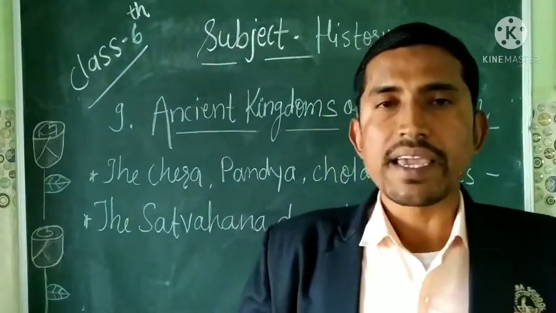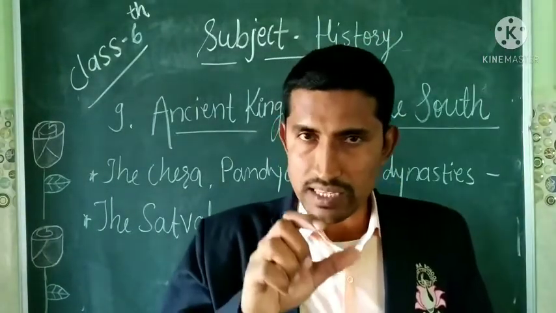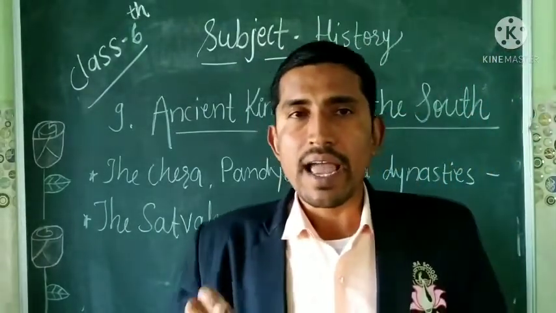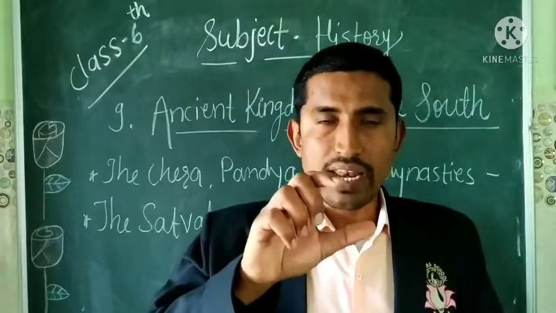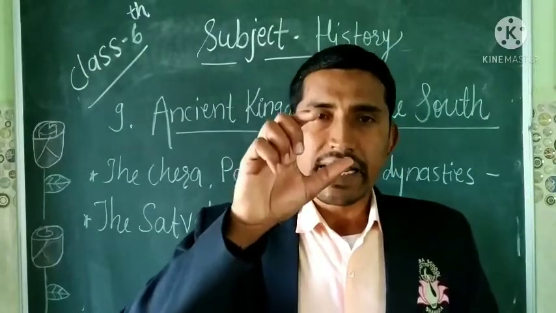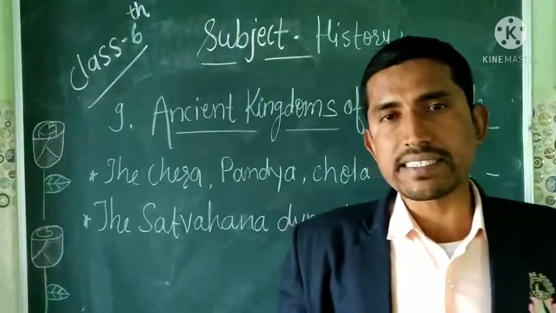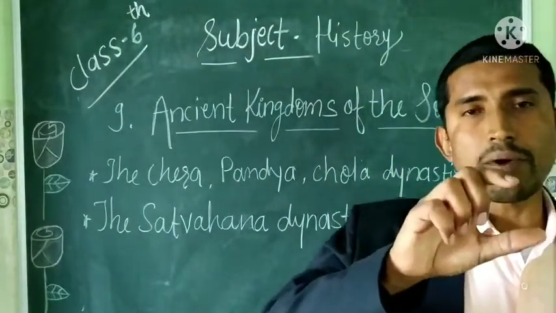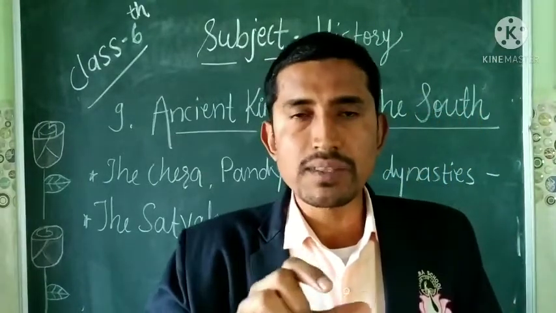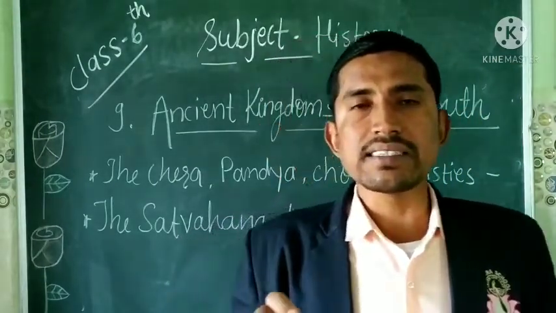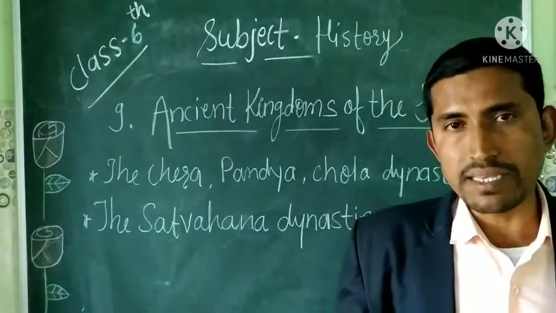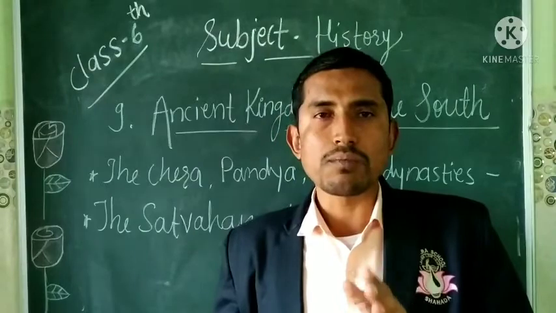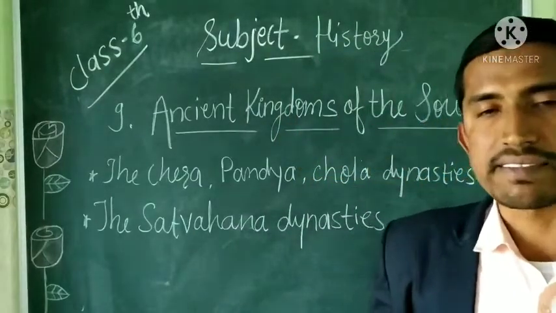It means that in Pune district there is Junnar taluka, and in this taluka there are caves named Naneghat. There is a pillar inscription, and it mentions the names of the rulers of the Satvahana dynasty.